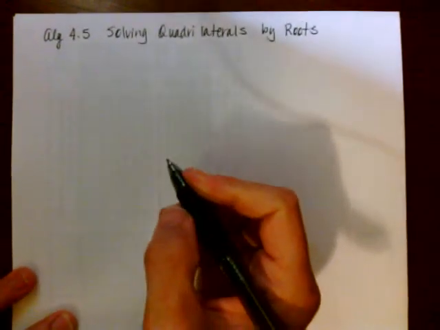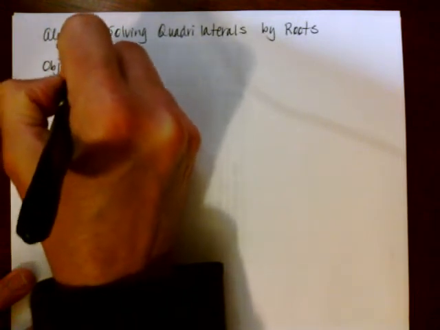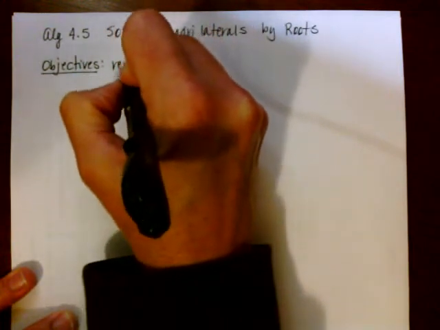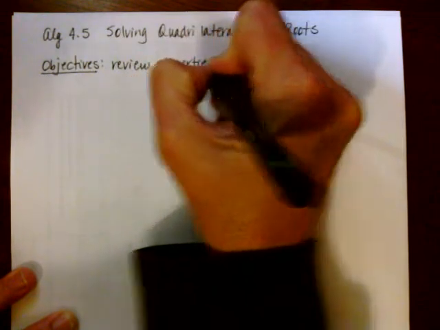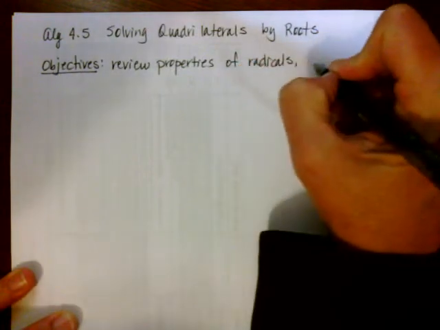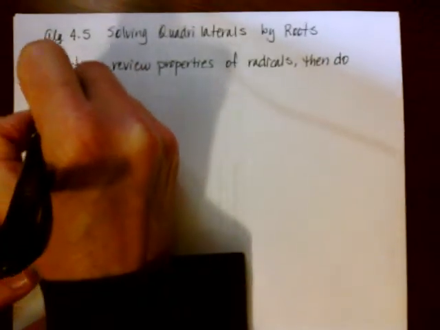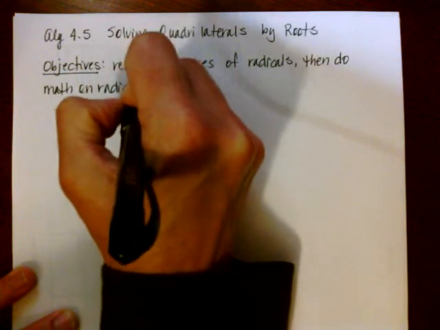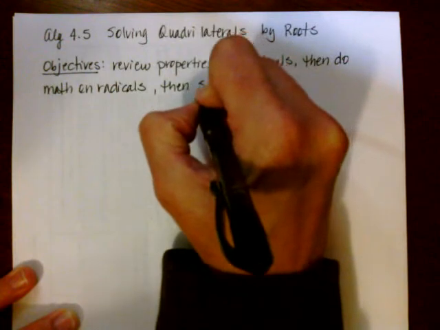We have a few objectives today, so we actually have a little bit more information to cover. Our objectives are going to be: review properties of radicals, then we're going to do some math on radicals, and then we're going to solve our quadratics.